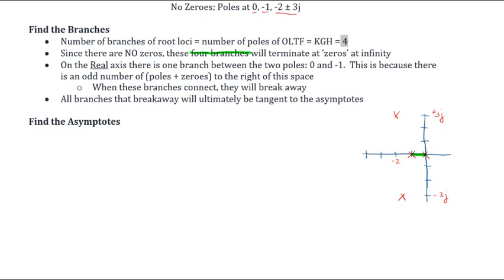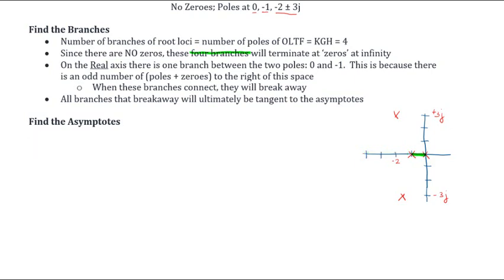The fact that these two are close together, like all the other problems, means that there are actually 2 branches, and they're probably going to come together and then branch off on their own. What about here to the left of the -1 pole? The answer is no, because there are 2 poles, 1, 2, to the right of that branch, so that one does not exist.